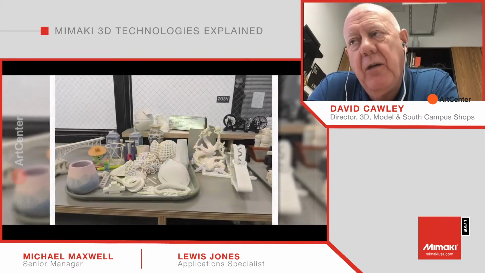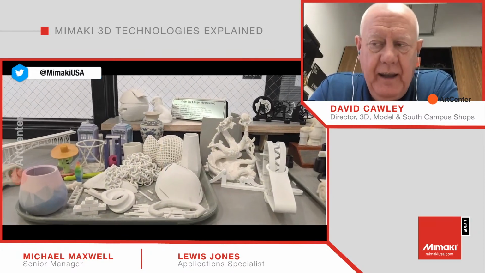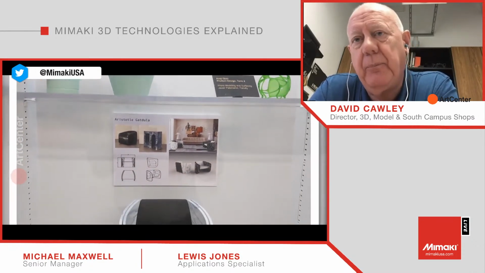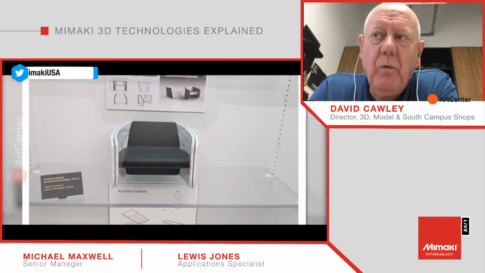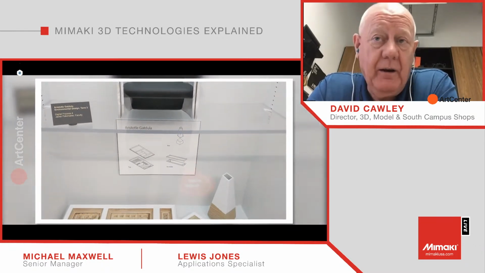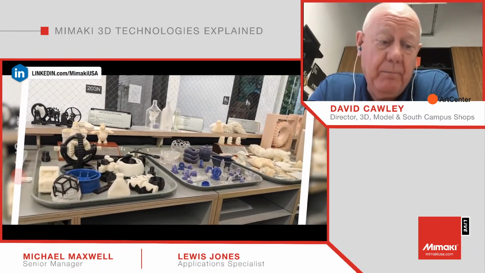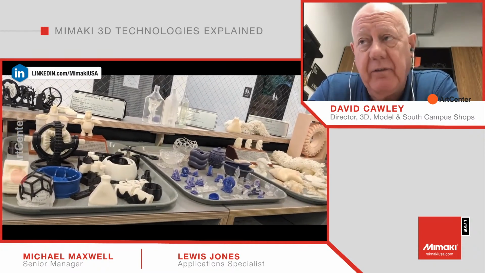So when we talk about materials, it's really about the degrees of functionality that you want out of those models. If it's primarily aesthetics, then you want to be looking for a printer that can output something that's going to require less finishing, maybe has some options with color and different things.